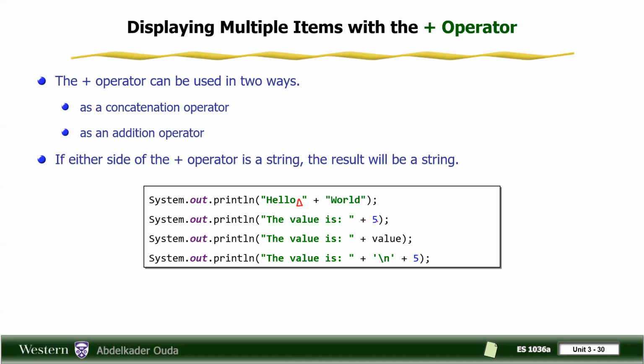The value is plus 5 will print the value is 5. If it is the value is, space, slash n, plus 5, the 5 will be on the next line, because I have slash n here. So try these lines of code in your compiler and see the difference.